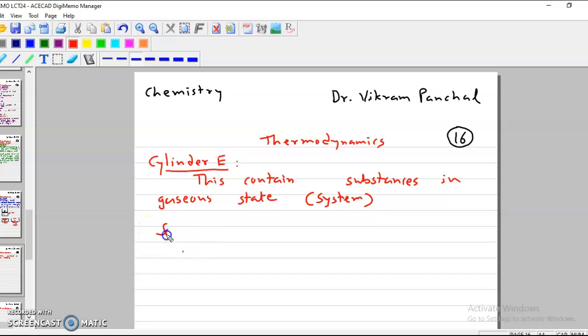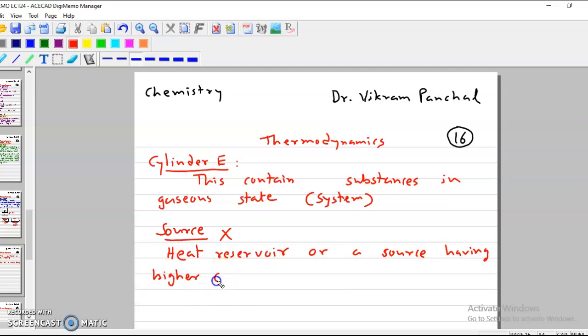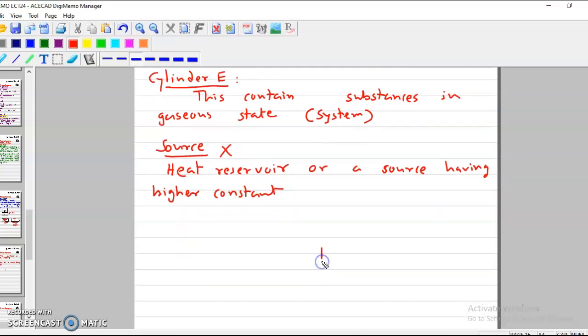Next is a source, which we call X. It is basically a heat reservoir or a source of energy having higher constant temperature T1.